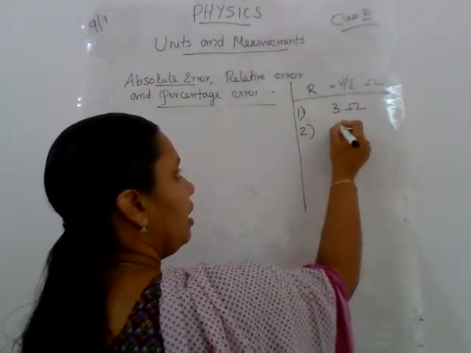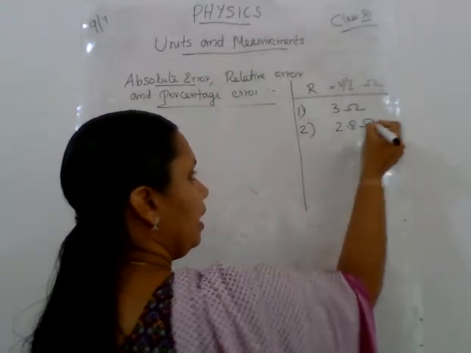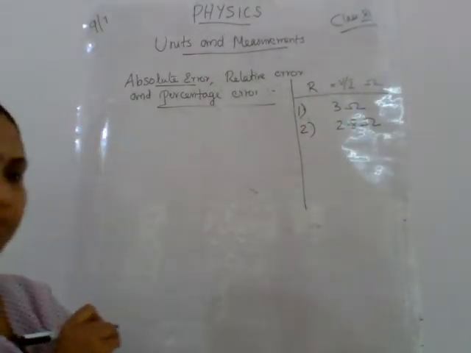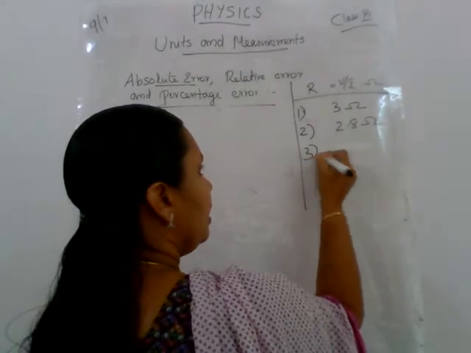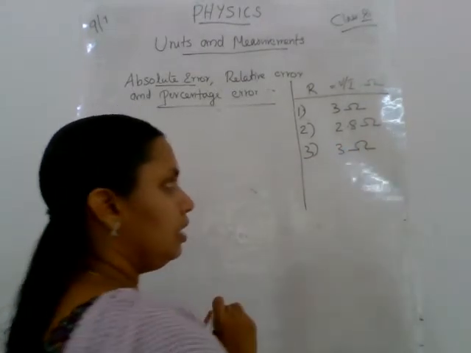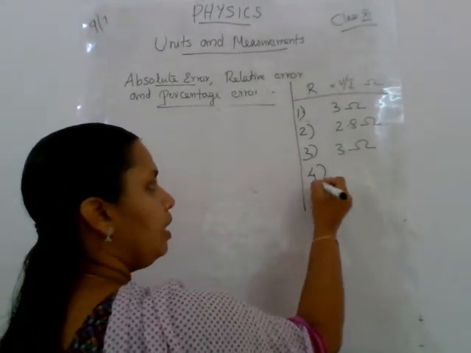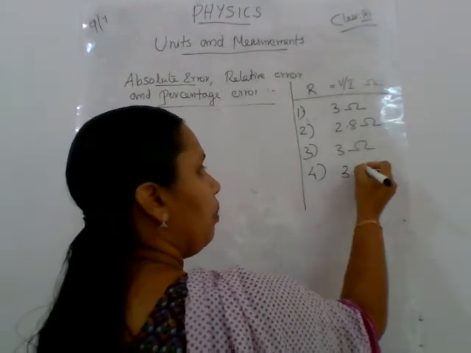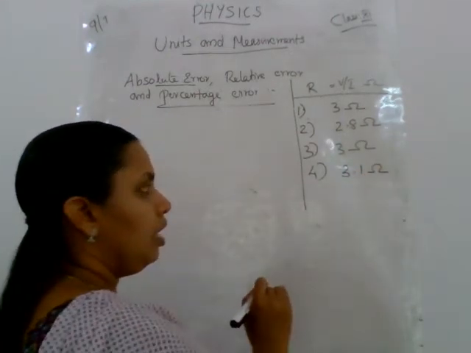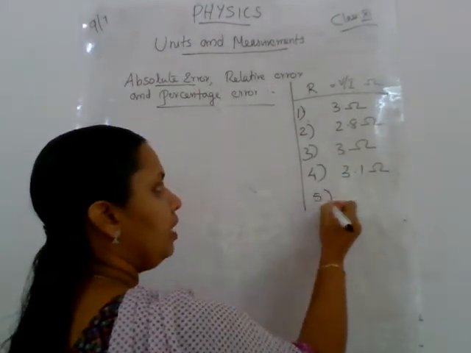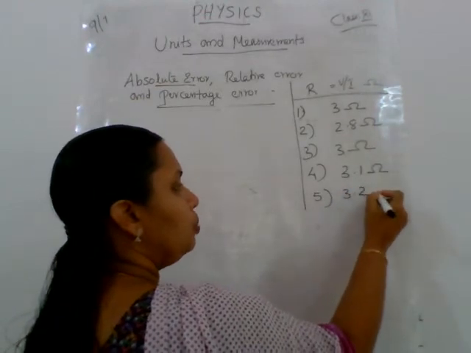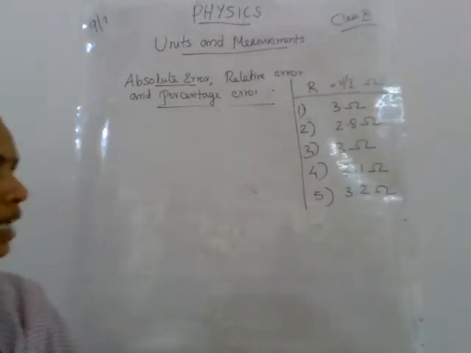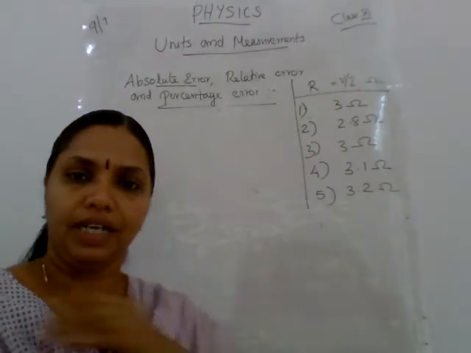The second, I am getting 2.8 ohm. In the third reading, it is again 3 ohm. In the fourth reading, it is 3.1 ohm. And in the fifth reading, it is 3.2 ohm. Like this, we get 5 resistances.